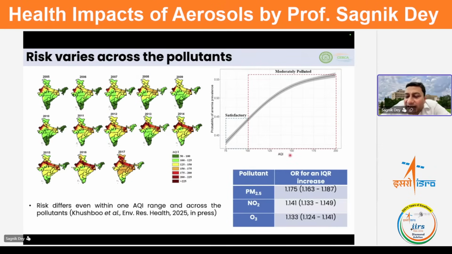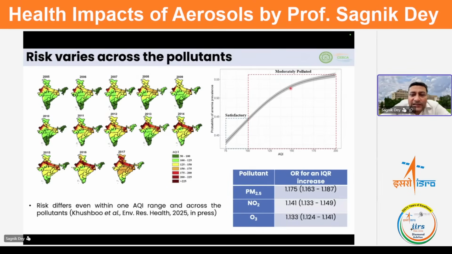What we found is that as your air quality index increases, and here we assign long-term exposures, you can see the probability of anemia prevalence after you adjust for all other risk factors. It's not a simple correlation, like what I explained earlier in the first slide.